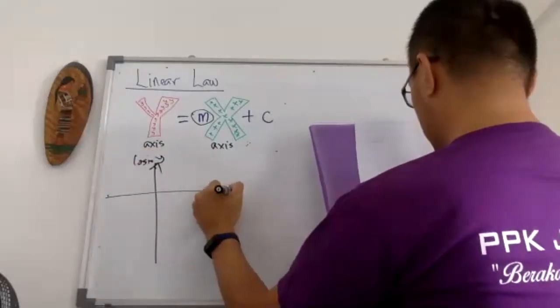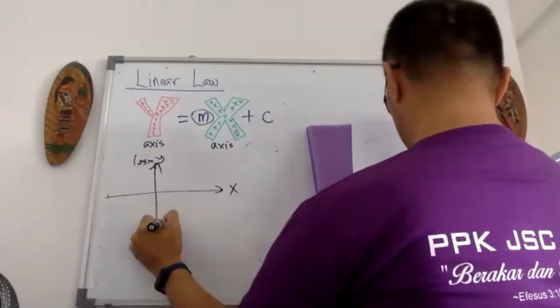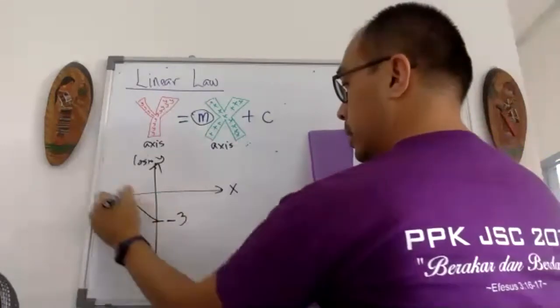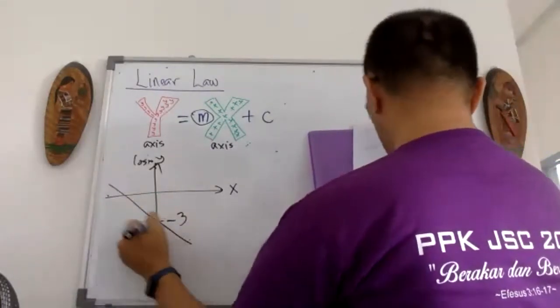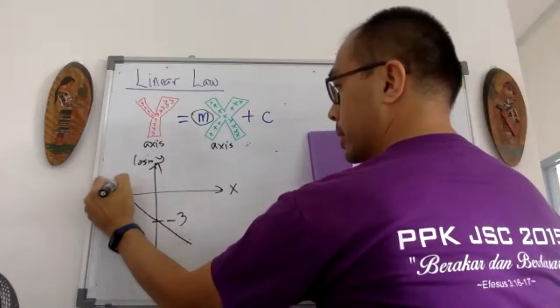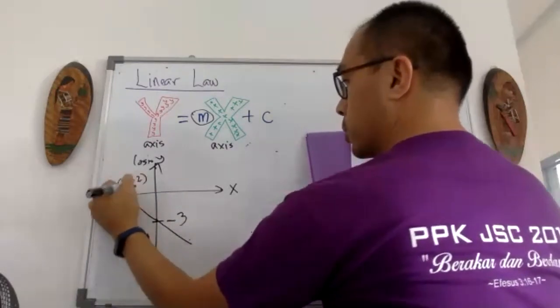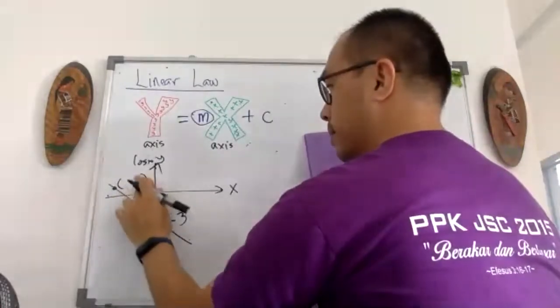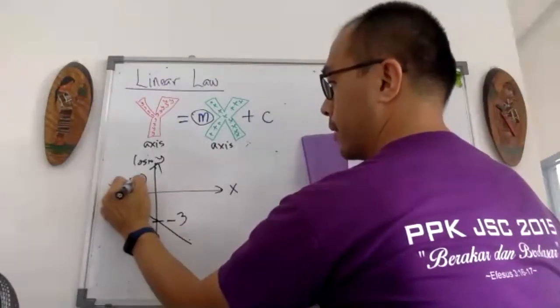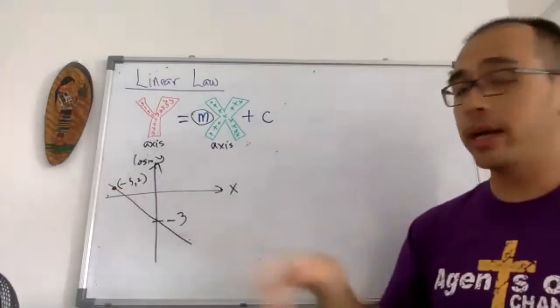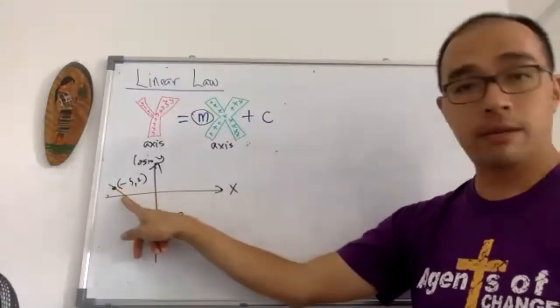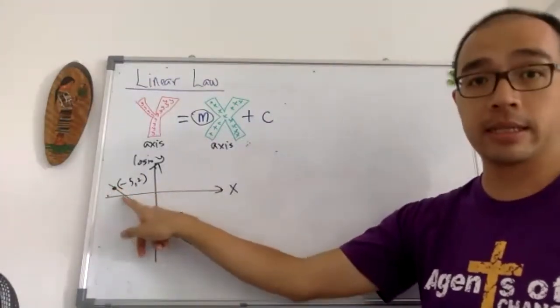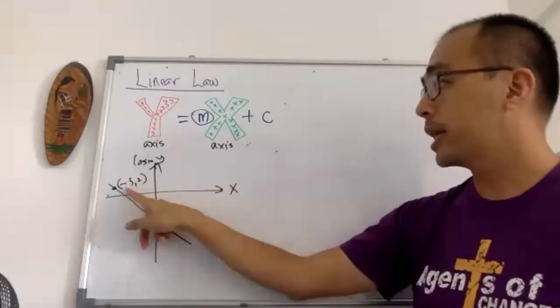This is x. This is minus 3. And there's a small slip up here. On the diagram it says this point is here, but actually it's wrong because it doesn't make sense if it's here. So this is negative 5 and 2.